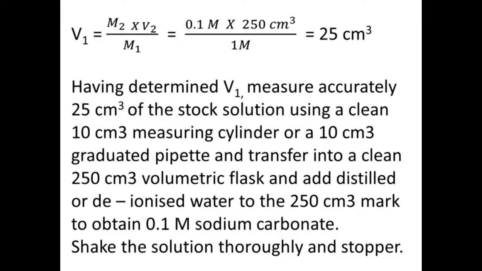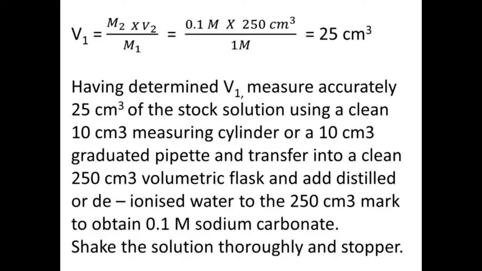Having determined V1, we will measure accurately 25 cm³ of the stock solution using a clean graduated pipette or a 25 cm³ measuring cylinder, transfer it into a clean 250 cm³ volumetric flask, and add distilled or deionized water to the 250 cm³ mark to obtain our 0.1 molar sodium carbonate.